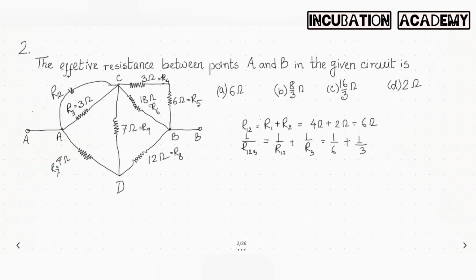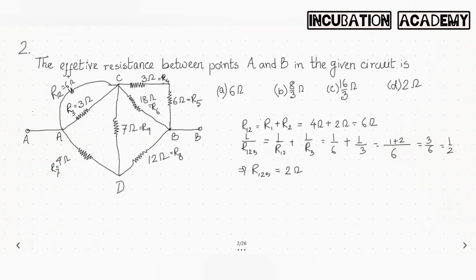So 6 ohm and 3 ohm are in parallel, and this is the formula. The LCM is 6, so 1 plus 2 is 3 divided by 6, equal to 1 by 2. So R123, the equivalent of R1, R2 and R3, is simply 2 ohm.